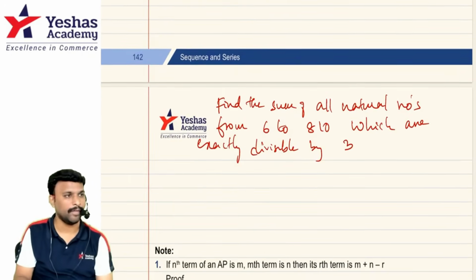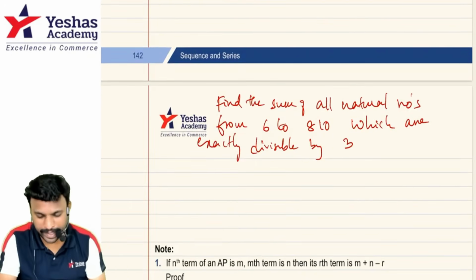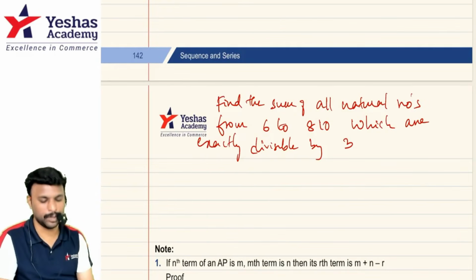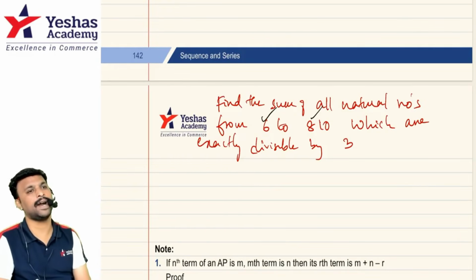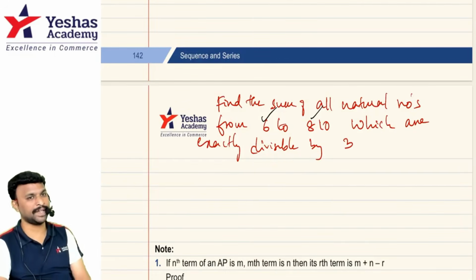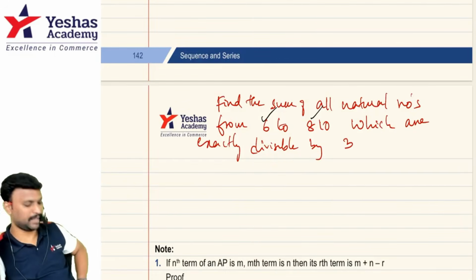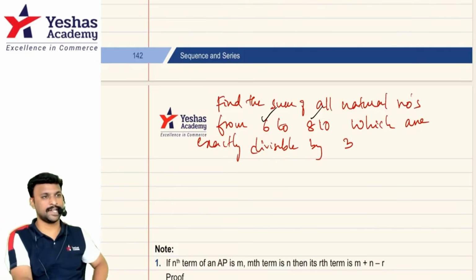From 6 to 810, inclusive or exclusive? Inclusive. So both 6 and 810 are inclusive, provided they satisfy the condition. Is 6 divisible by 3? So should I consider 6?